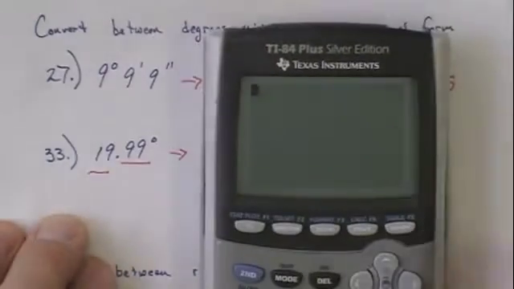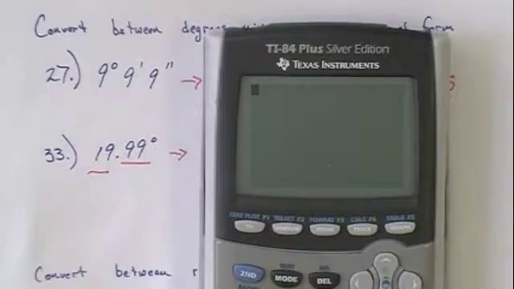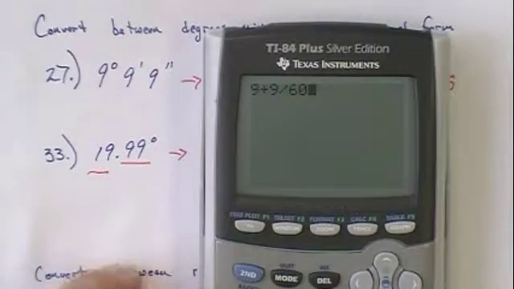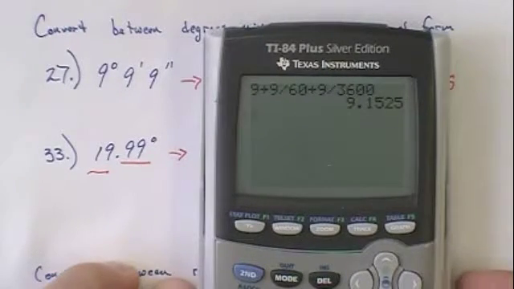Now, of course, our calculator is going to be able to do all of this. If we have the original, 9 degrees, then 9 out of 60 for the 9 minutes, and then the seconds, we get the 9.1525 that we mentioned before.